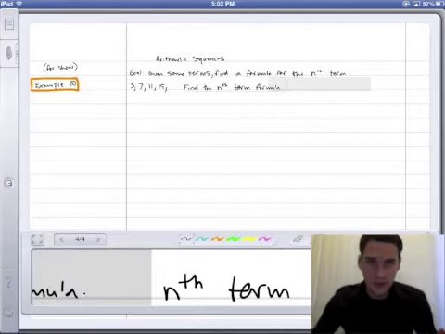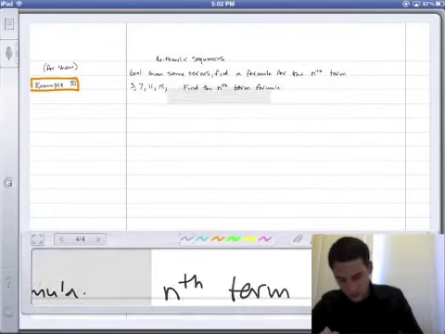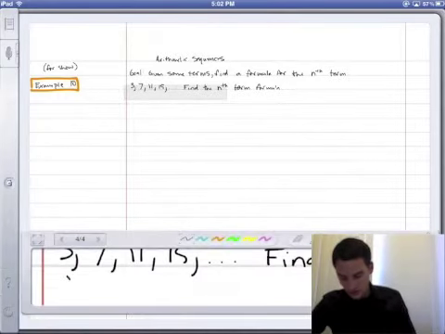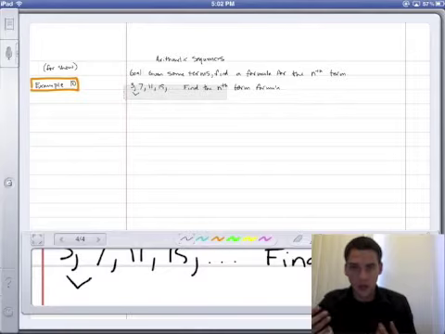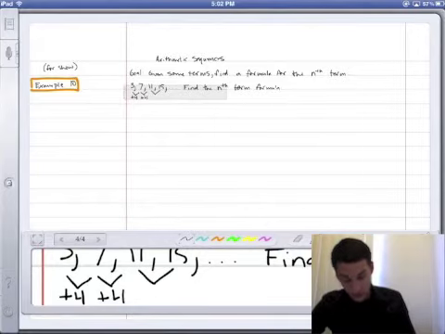All that means is find the formula for this sequence. So the first thing that we're going to do is find d. From here to here, what do I add? I add 4. From there to there, I add 4. From there to there, I add 4.